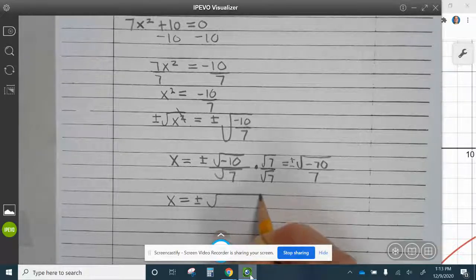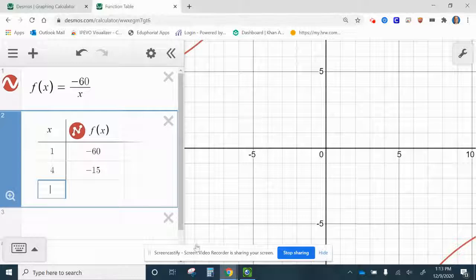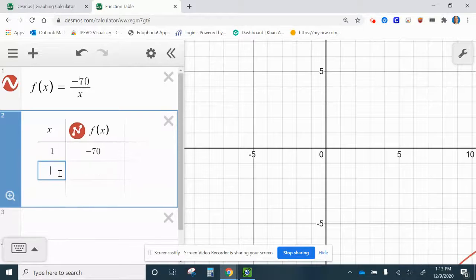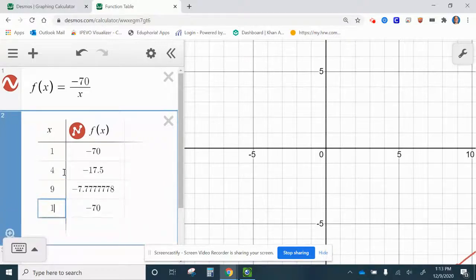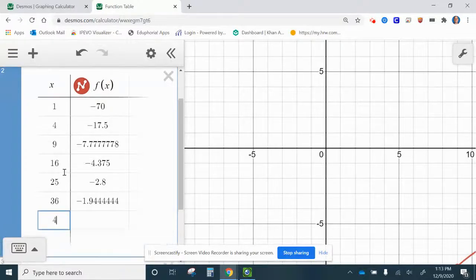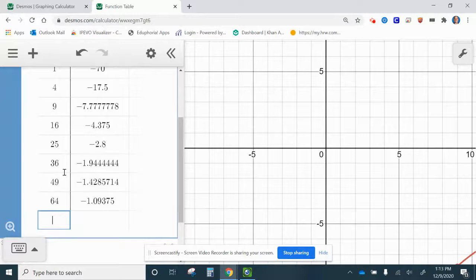We need to find out how we can reduce the 70. So we now have negative 70. And so let's try all the squares. So 1, 4, 9 doesn't work. 16, nope. 25, nope. 36, nope. 49, nope. 64, and then 81.